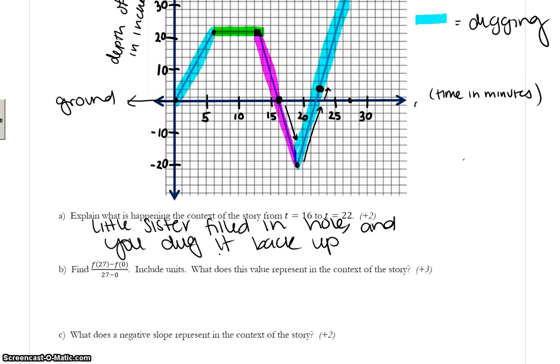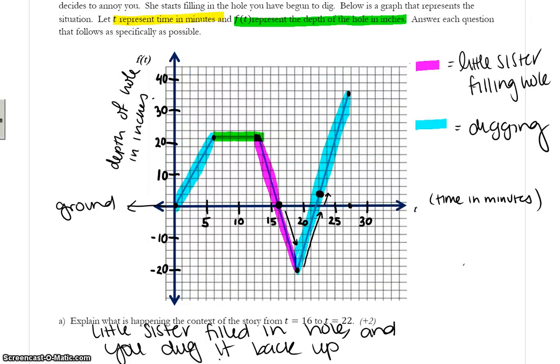Our next question is find f of 27 minus f of 0 over 27 minus 0. Include the units. What does this value represent in the context of the story? So remember that f of 27 means when x is 27, what's the y value? So here's 27 right here, and here is where it stops.